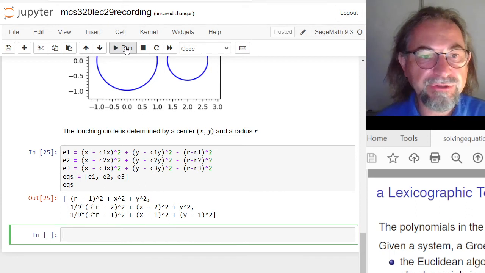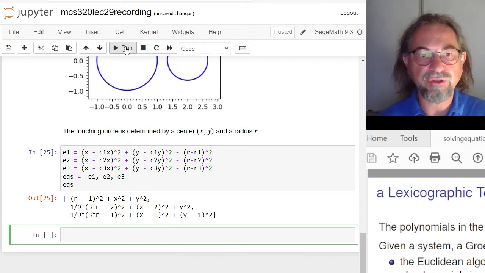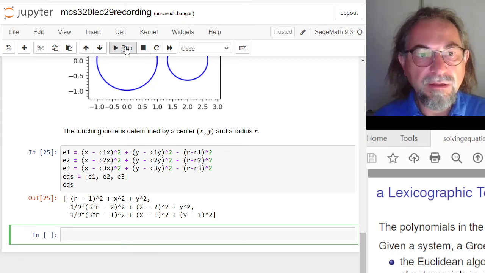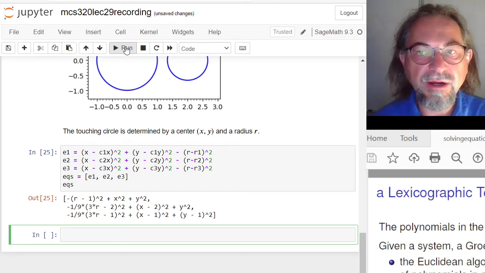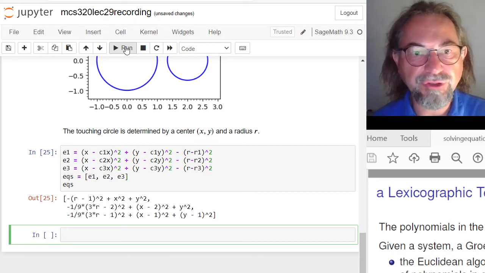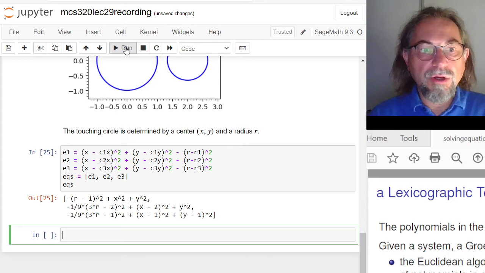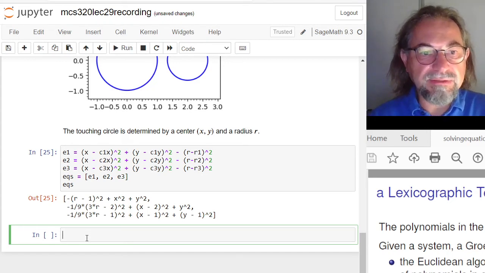What these equations are expressing is that the distance of the center of the touching circle from the 3 given centers is equal to the radius of the touching circle minus the radius of the input circle. Okay, so I hope that this is plausible.